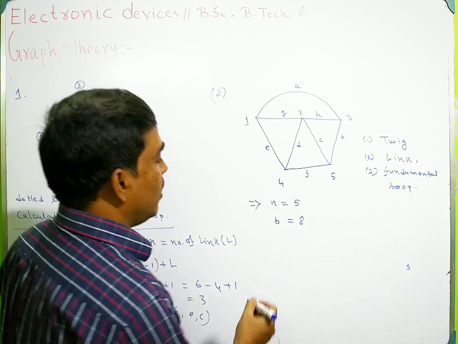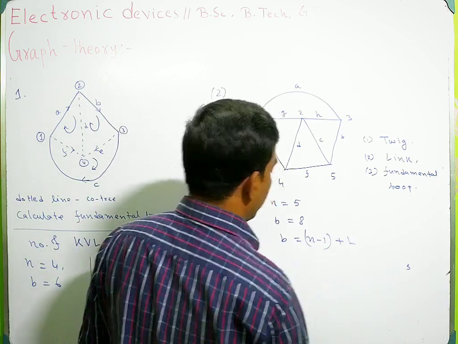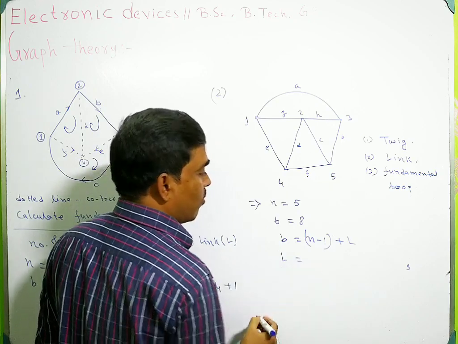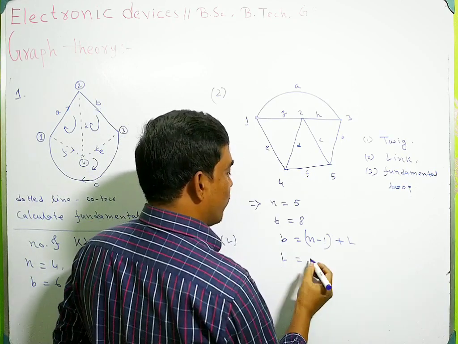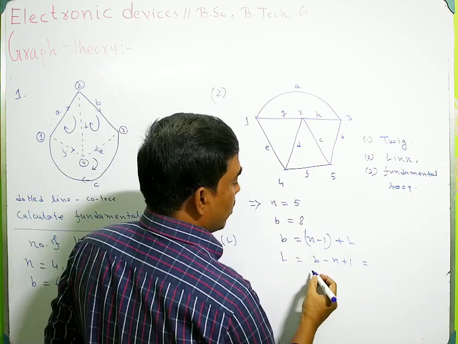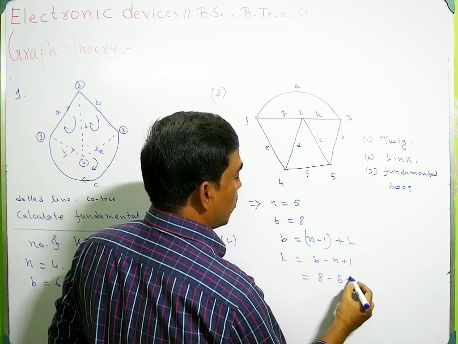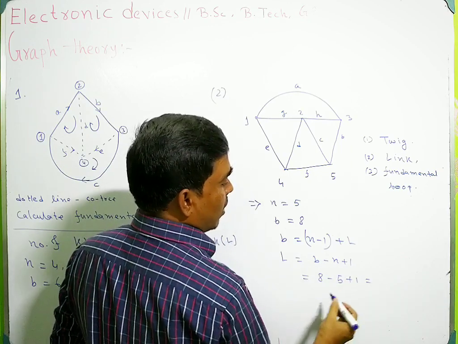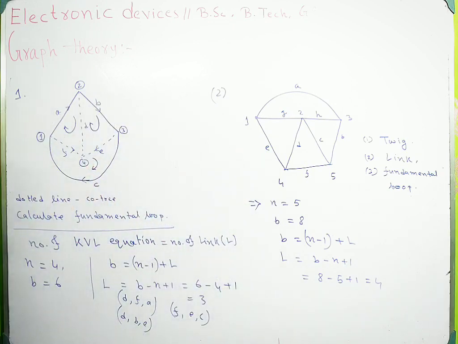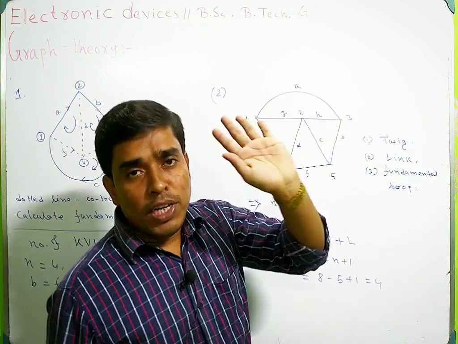By using the formula B equals n minus 1 plus L, you can easily calculate L. So L equals B minus n plus 1. So it will be 8 minus 5 plus 1, which is 4. So the number of links is 4. The number of twigs and the number of links must be equal, because each co-tree has its tree, so the number of twigs and links must be equal.